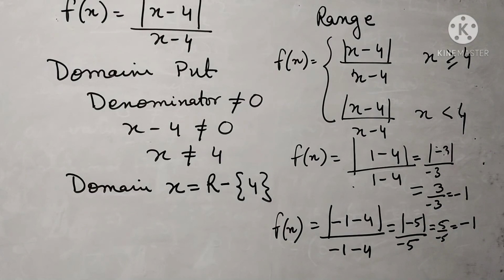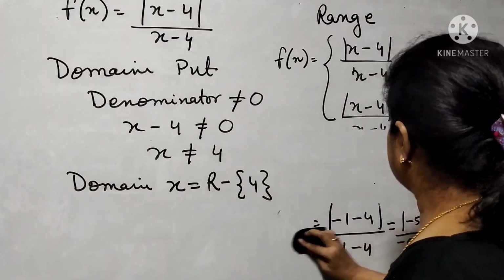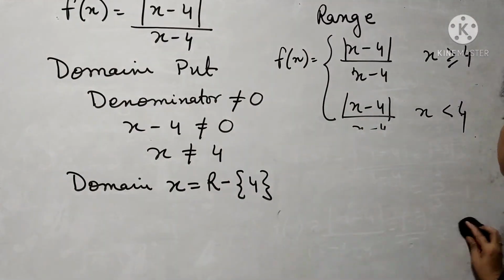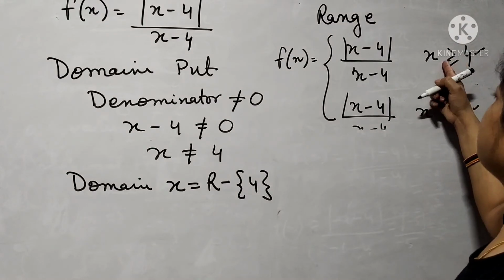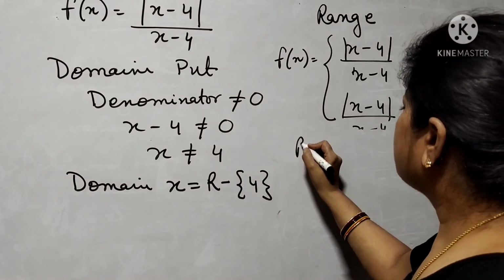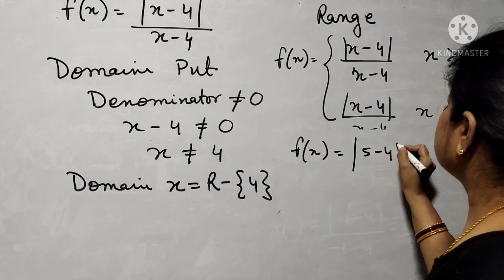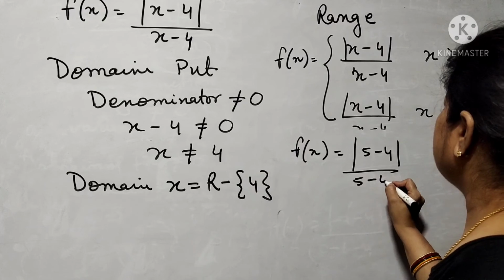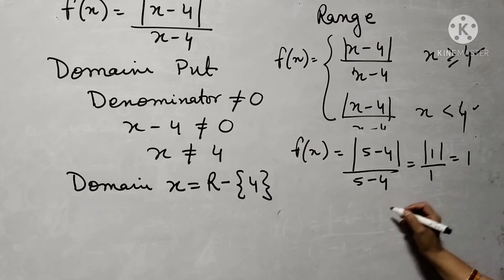In that case, we take values greater than 4 or less than 4. When we take a value greater than 4, for example 5, f(x) is equal to 5 minus 4 over 5 minus 4, then we get 1 over 1, which is equal to 1.